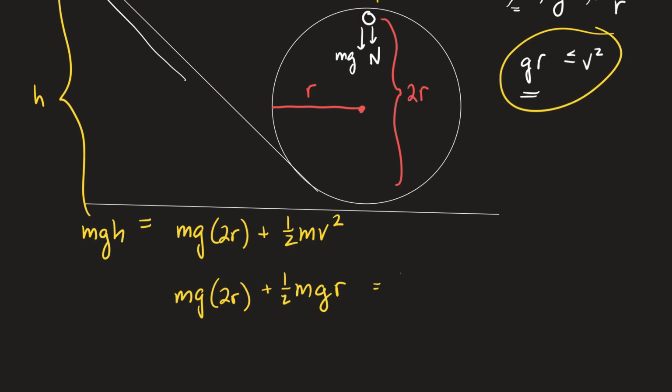I think that's just going to be 5/2 mgr. Right? 2 plus 1/2 is 2.5. That's 5/2. And this equals mgh. So it seems to me I need to start the marble at a height of 5/2 times the radius. Yeah, see that okay?